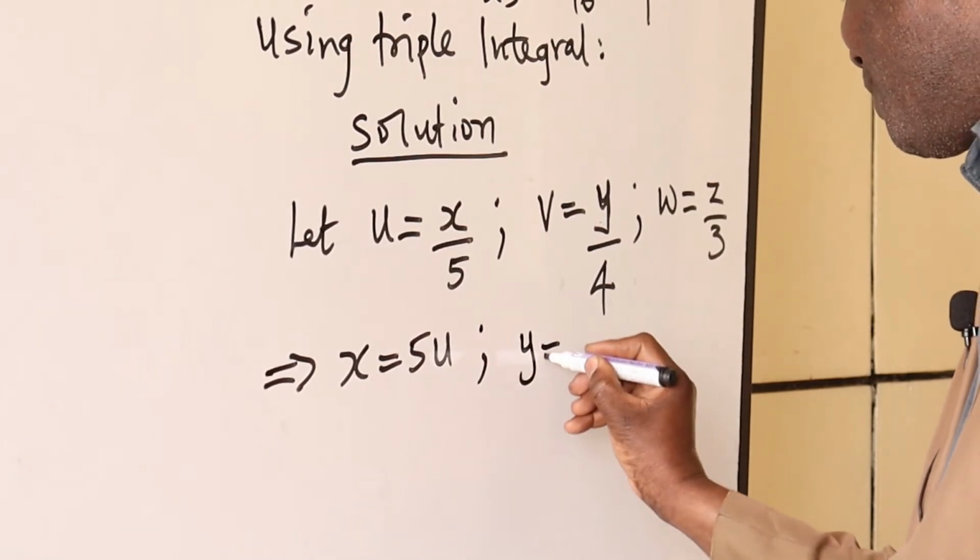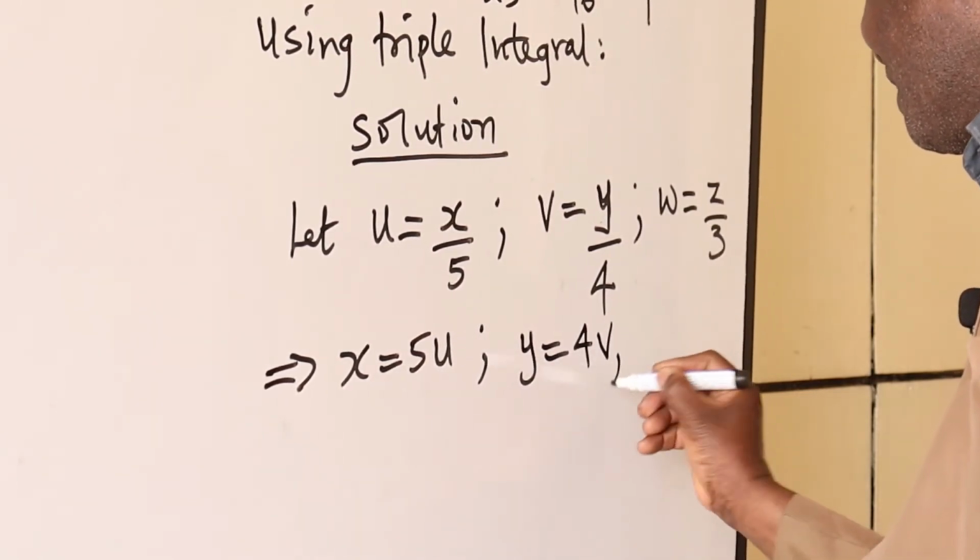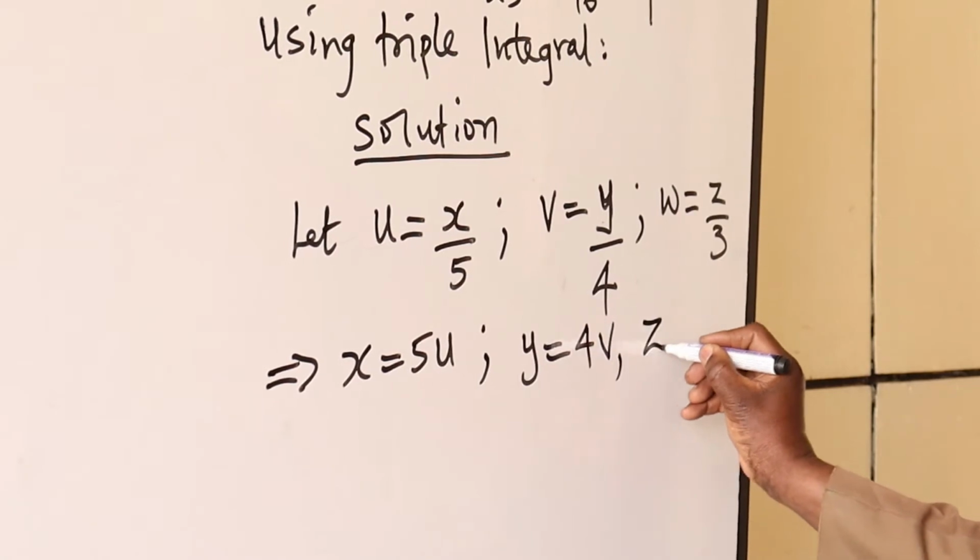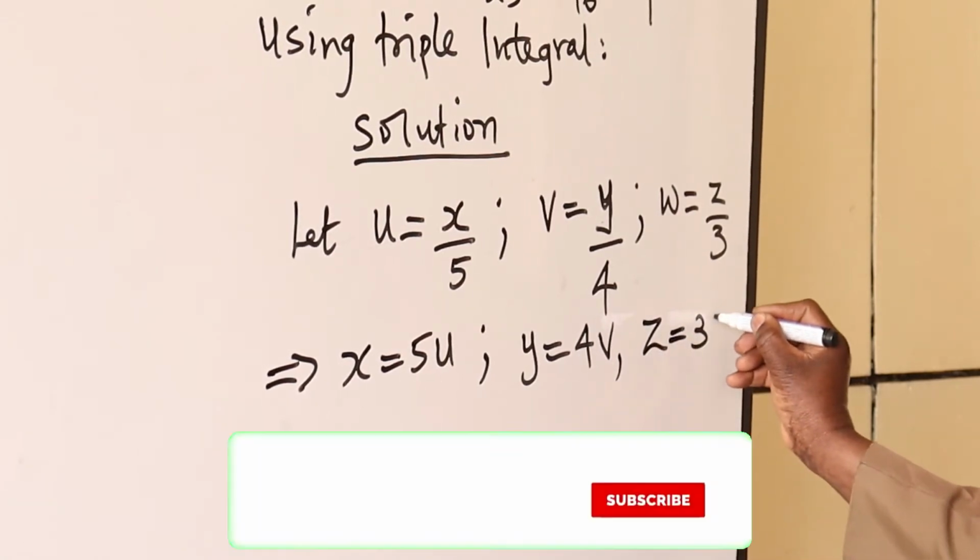Our y is equal to 4v, and our z is equal to 3w.